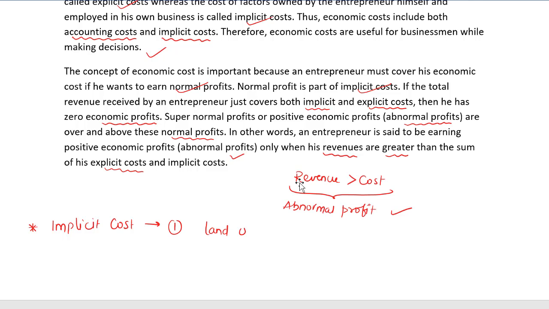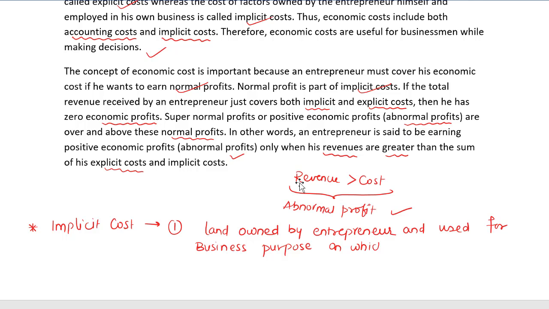Land owned by the entrepreneur and used for business purpose on which no rent is paid. Obviously, he will not pay rent to himself.